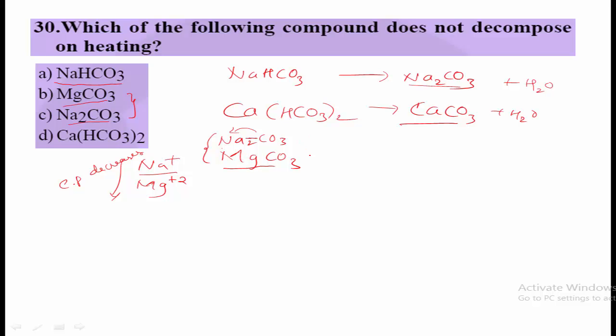Therefore, MgCO3 will undergo decomposition on heating, but Na2CO3 will not undergo decomposition upon normal heating. But at a very high temperature, if you heat, then it will decompose. But normally, among these four, at a normal heating, the sodium carbonate will not undergo decomposition. Therefore, option C is the right answer.